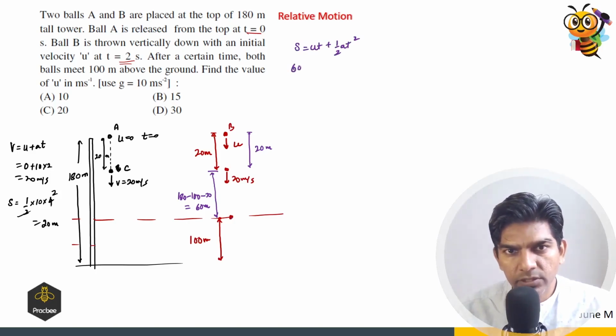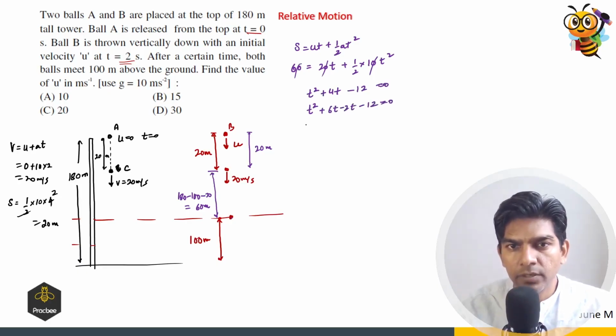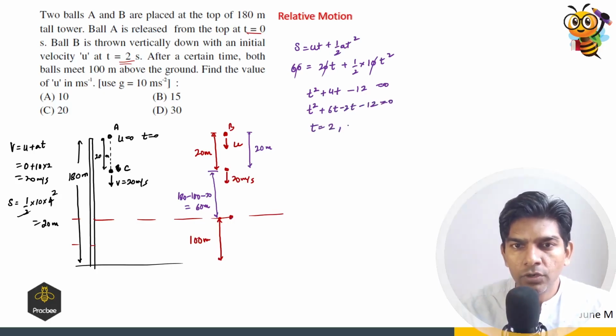So S will be 60, u is 20, times t, plus half, acceleration is 10, t square. Now from this we can eliminate 10. So it will be t square plus 4t minus 12 equals to 0. This can be written as t plus 6 times t minus 2 equals to 0. So t comes out to be 2 or minus 6.